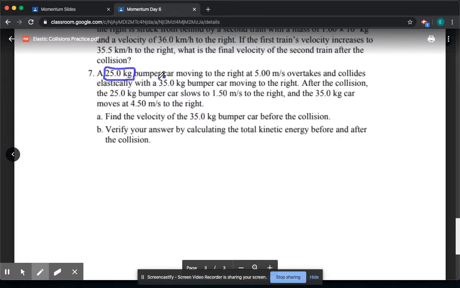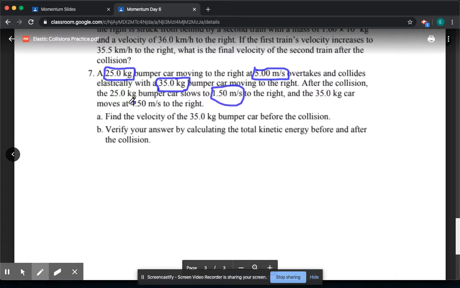The other bumper car is 35 kilograms. We have several velocities, so we have to be a little careful with this one.